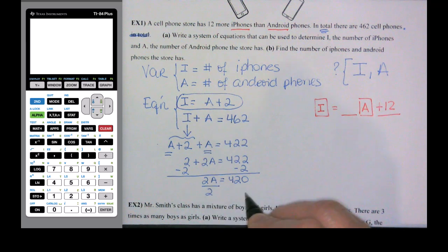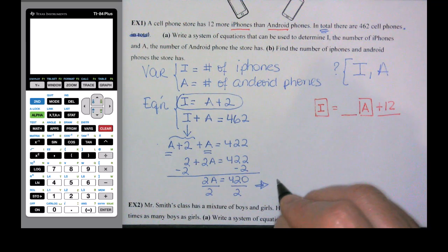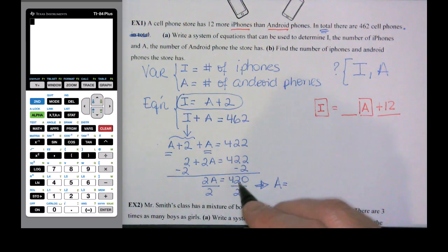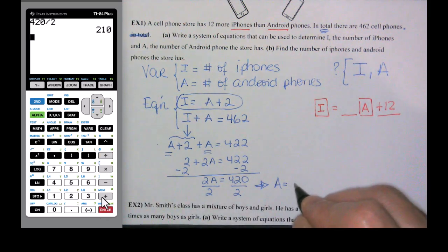We divide by 2 on both sides, and we get then the number of Android phones is 450 divided by 2. Let's take a look. 450 divided by 2 equals 225.